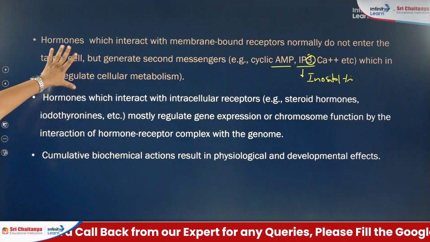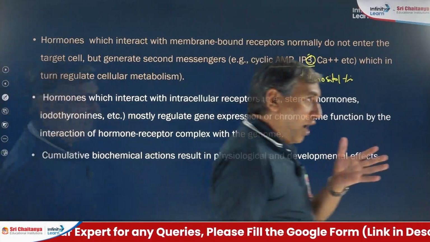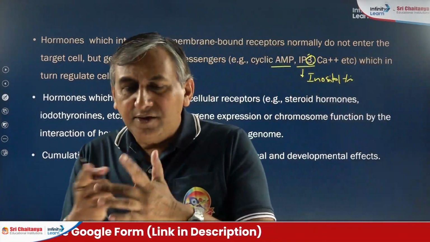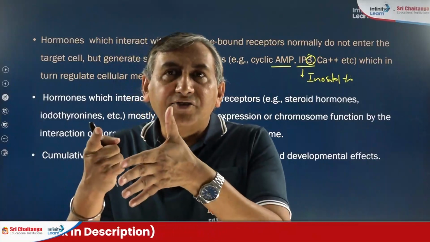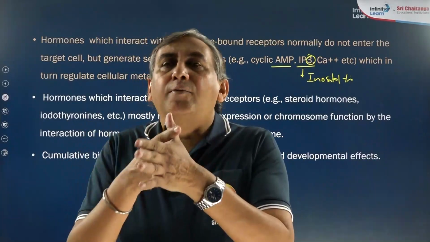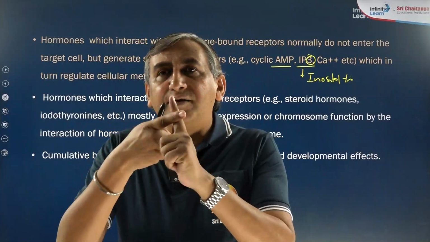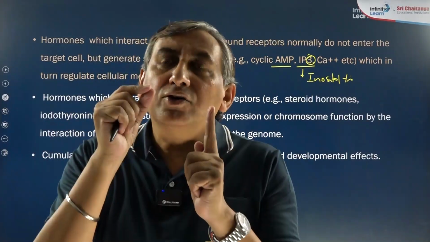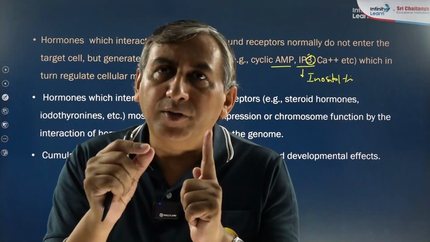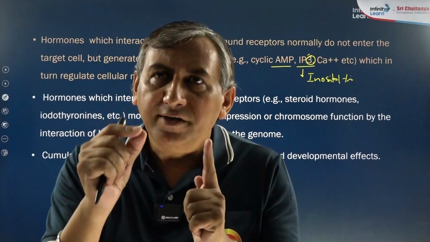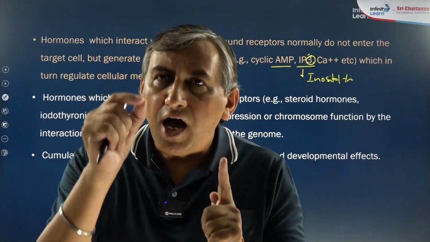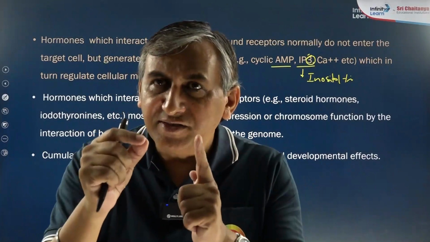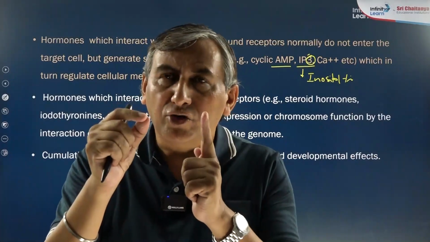Again I will say, how many types of messengers are there? Two. First messenger, second messenger. Who is considered the first messenger? Hormones. Who is considered the second messenger? Those generated after the formation of the hormone receptor complex, which is basically with lipid insoluble or water soluble hormone.